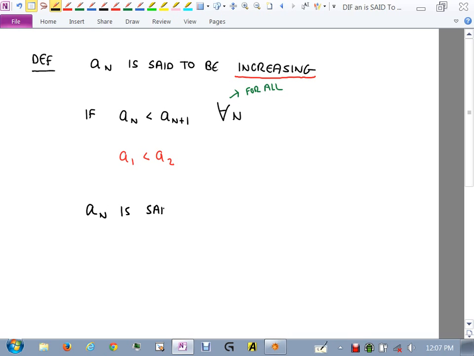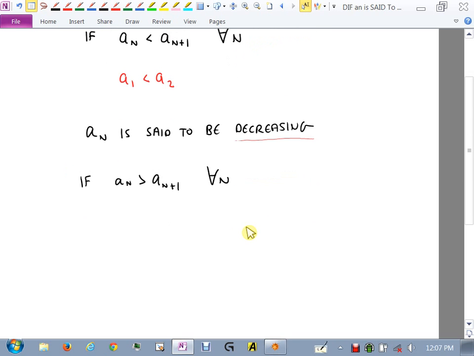Opposite, right? So this would be something like a sub 1 is bigger than a sub 2, which is bigger than a sub 3, which is bigger than a sub 4, right? And so as you move to the right, they're getting smaller and smaller.